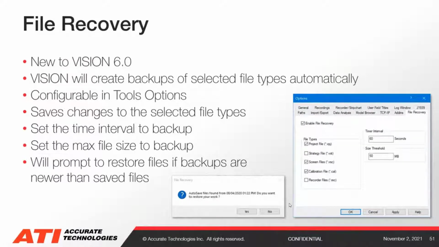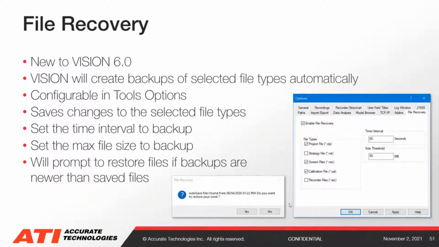In the event of a crash or your laptop battery dies or something like that, since it's already spun off this type of backup, when you start Vision, it's going to look in its temp directory for those items, and if it finds any, it's going to say, hey, autosave found.